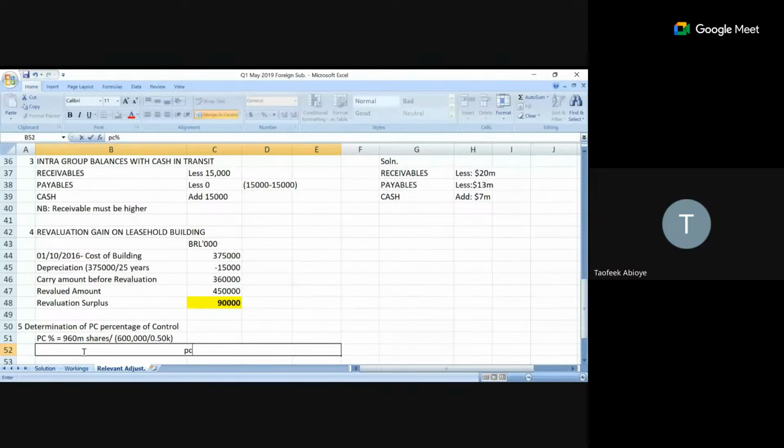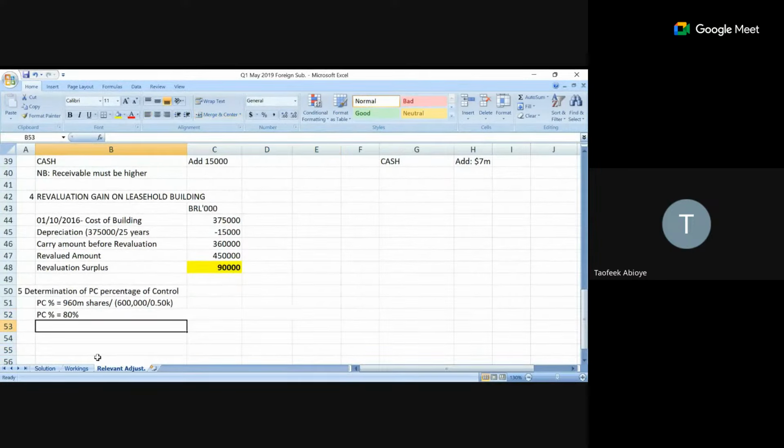So the parent company percentage of control will be 80%, while NCI will be 20%. NCI is 20%. So that is our group structure.